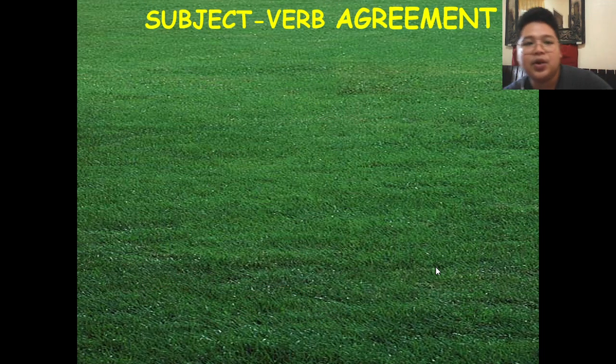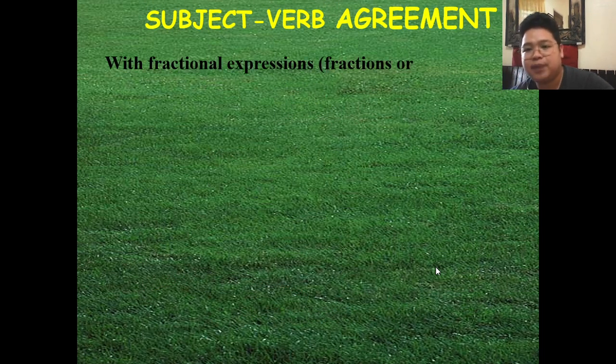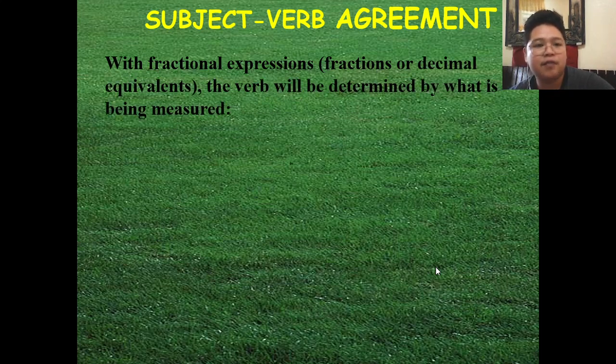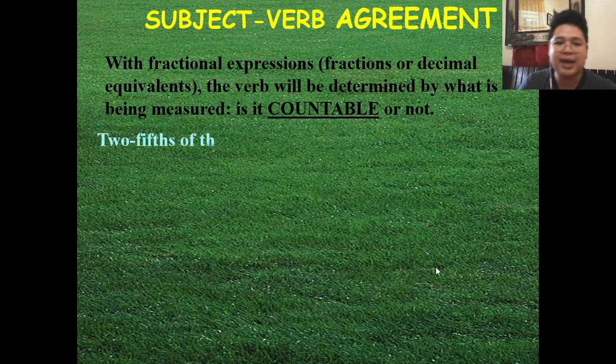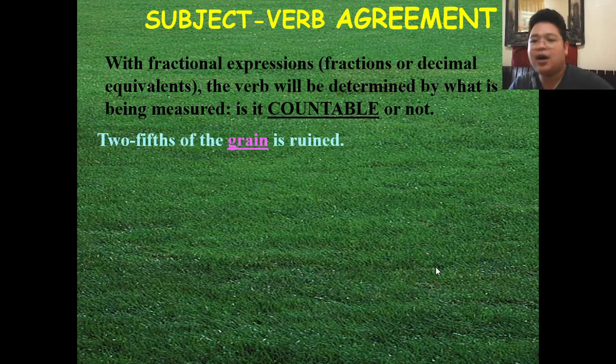Okay, next. With fractional expressions, fractions or decimal equivalents, the verb will be determined by what is being measured. Is it countable or not? This is related to the previous slide that we have shown earlier. For example, 2/5 of the grain is ruined.